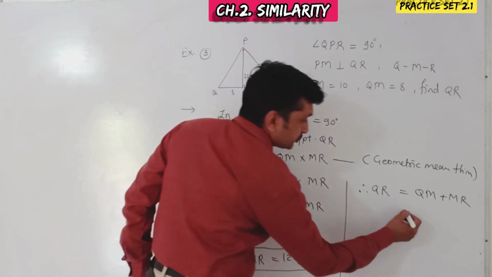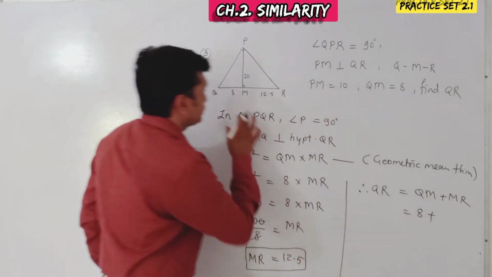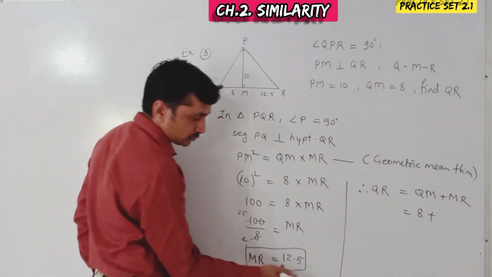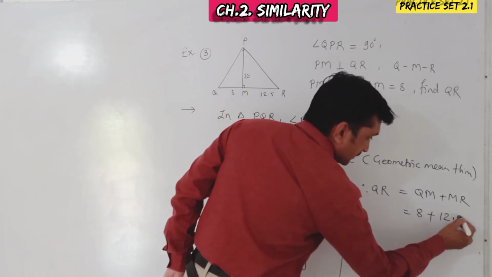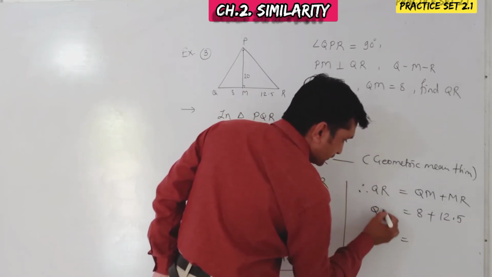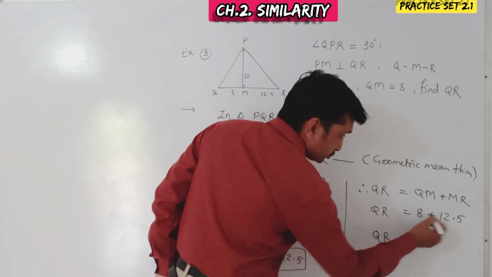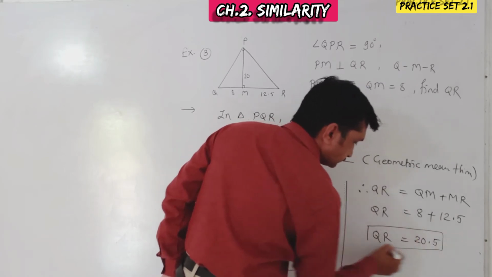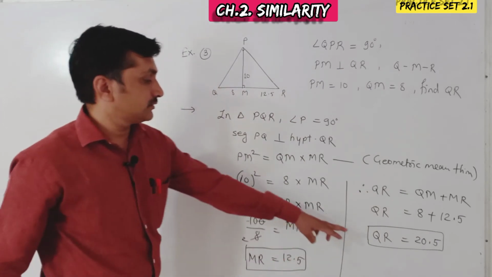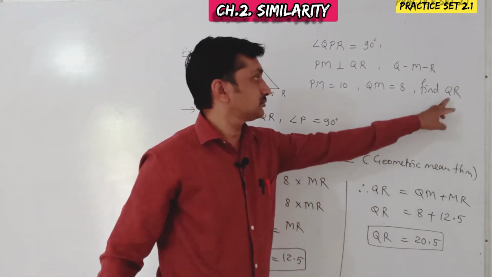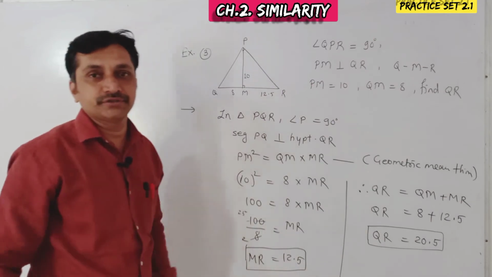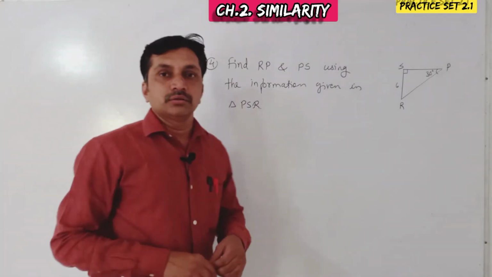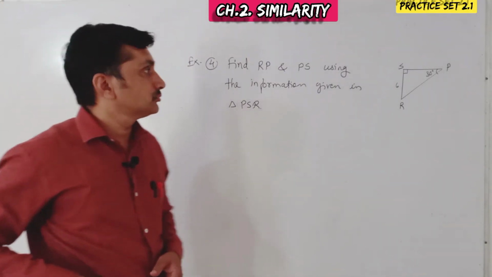QM is 8, it is given here, and MR we got now 12.5, and therefore at last we get QR is equal to 20.5, and it is the answer, QR, that we want here. Example number 4. Fourth example you see here.